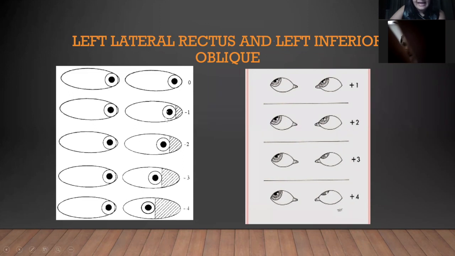Okay. And then if you look at what is midway, it is -4. Between midway, when you have 2/3, it is -2, 1/3 is -1. This is how much movement is restricted or limited, will give you -1, -2, -3, -4 for lateral rectus.